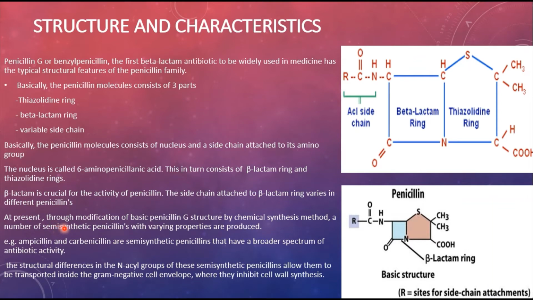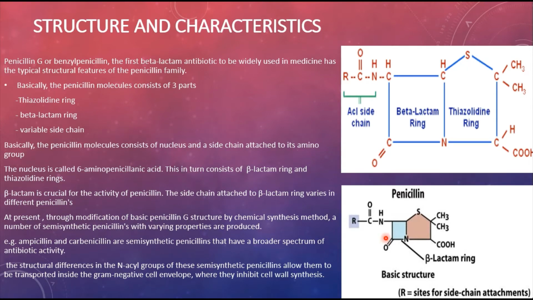At present, through chemical modification of the penicillin G structure, a number of semi-synthetic penicillins with varying properties are produced, for example ampicillin and carbenicillin. We have read what is meant by semi-synthetic: they are just modified from the natural one, and they have a broader spectrum of antibiotic activity.